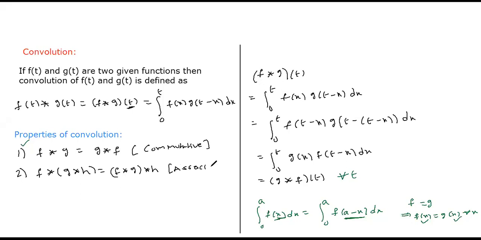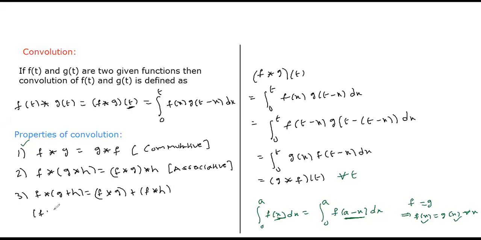Next, f convolution g plus h is equal to f convolution g plus f convolution h.